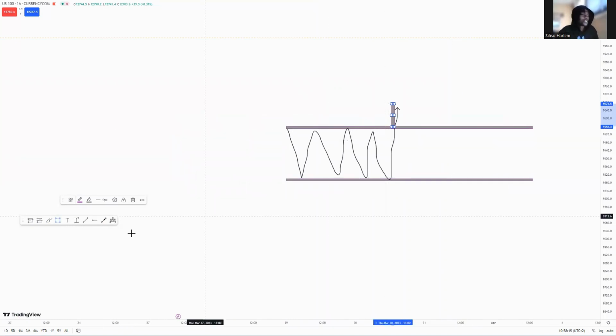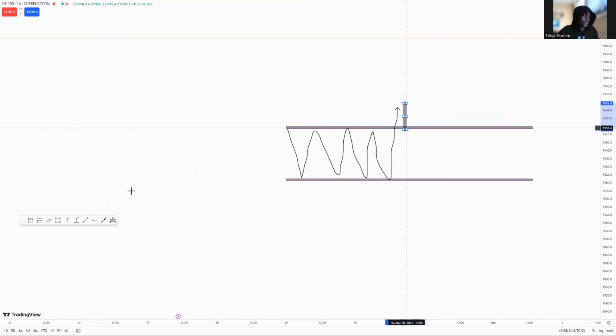The only thing you need to remember is how the candlestick closed above. If the candlestick closed with an impulsive candlestick or a bullish engulfing candlestick, always remember that there's a possibility of price continuing to the upside, right?